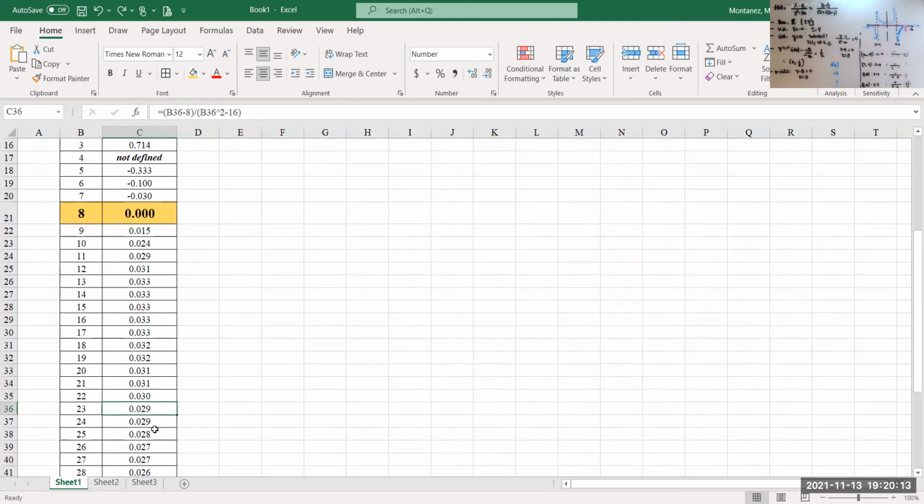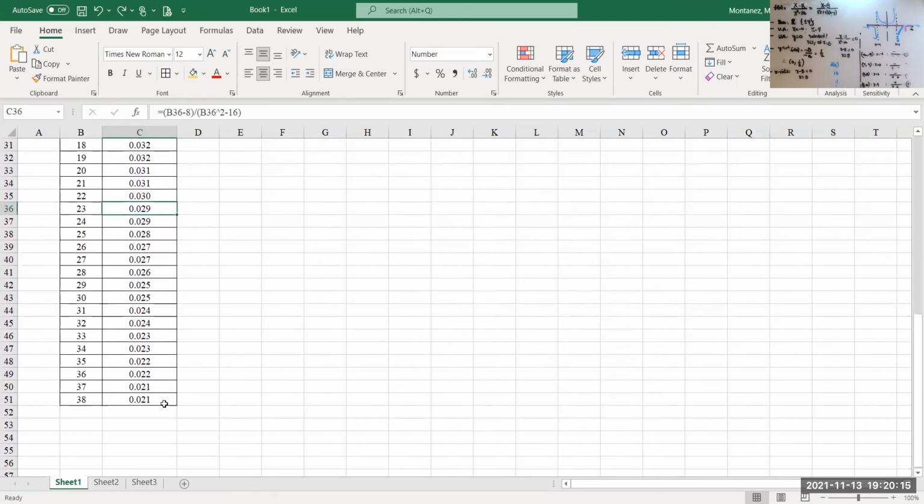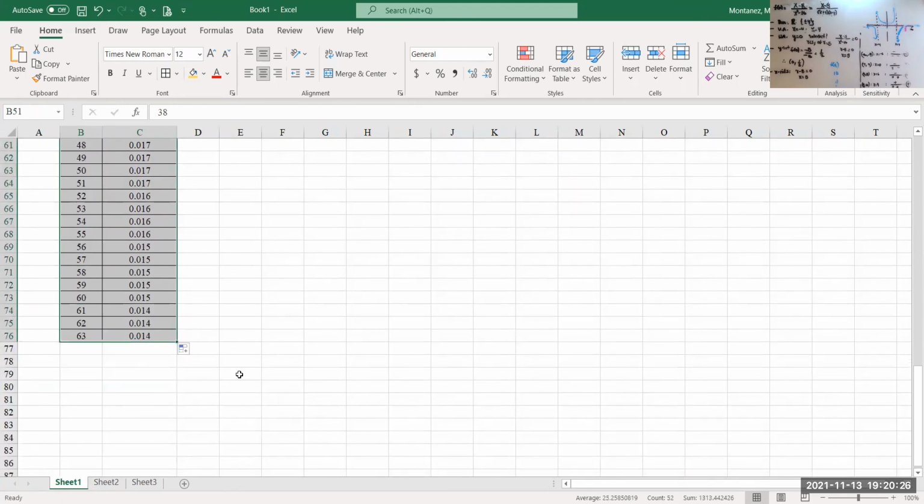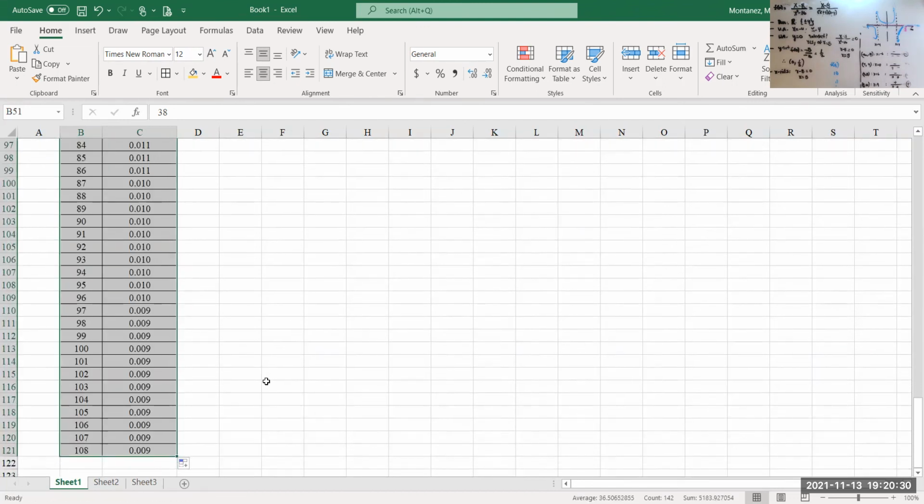And I keep going down, 0.021. So eventually I will hit almost 0. I mean, but this will be crazy.